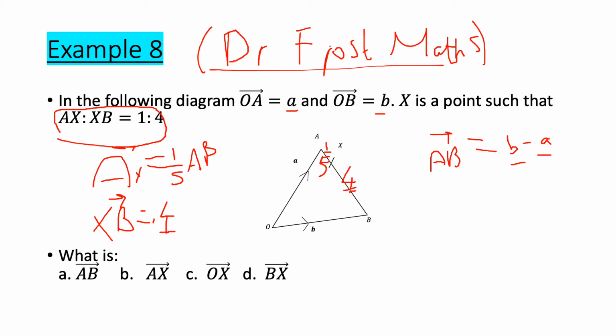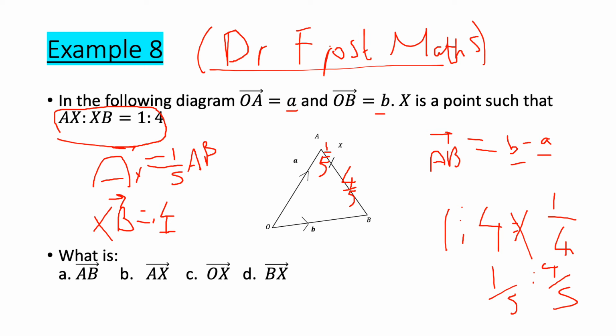A typical misconception is that some students think 1 to 4 means 1/4. It doesn't. 1 to 4 means 1 part out of 5 and 4 parts out of 5. I hope that made sense, guys. If you ever see 1 to 4, that's going to be 1/5 and 4/5.